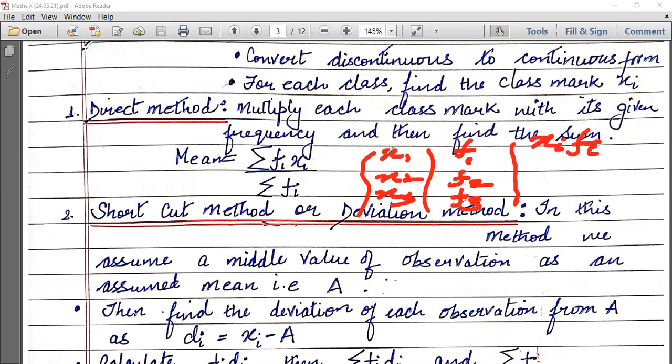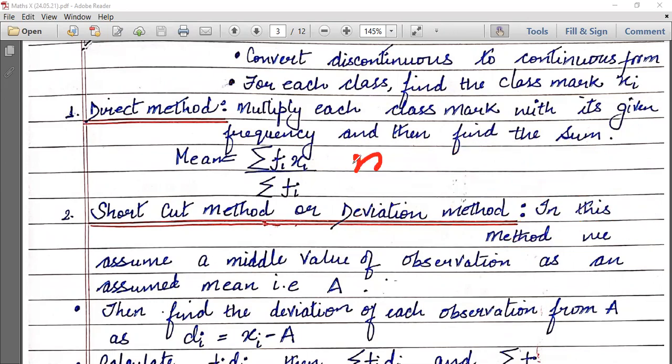You will multiply each class mark or each mark with its frequency, that is x1 f1, x2 f2, x3 f3. Then you will find the summation of xi fi. Then you can find your mean by the formula summation fi xi divided by the sum of all the frequencies. This is known as the direct method.